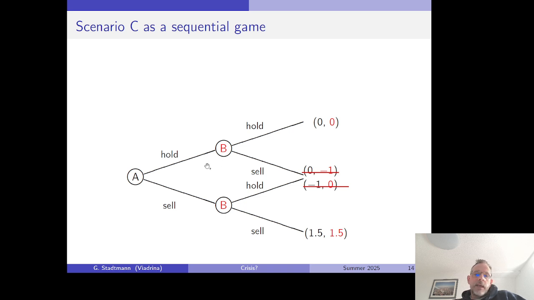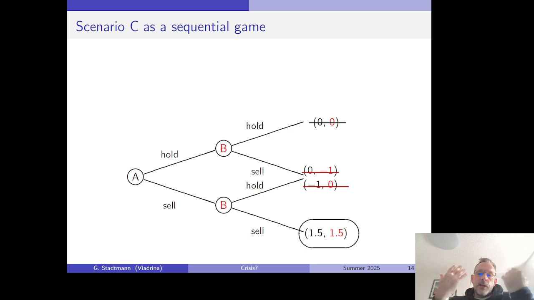Now we have analyzed the behavior of player B in the future, and agent A can decide whether he wants to end up with 0 or with -5. So player A is comparing the black 0 and the black 1.5. The 1.5 is higher, so we can rule out that player A plays hold, and the equilibrium is both players sell.